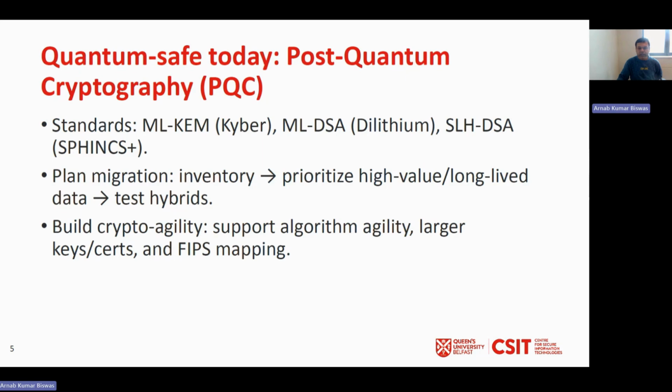That's the main suggestion nowadays from even the UK and NIST US. That's the crypto agility part: we need to have crypto agility, support all these algorithms, and map to the existing FIPS standards.